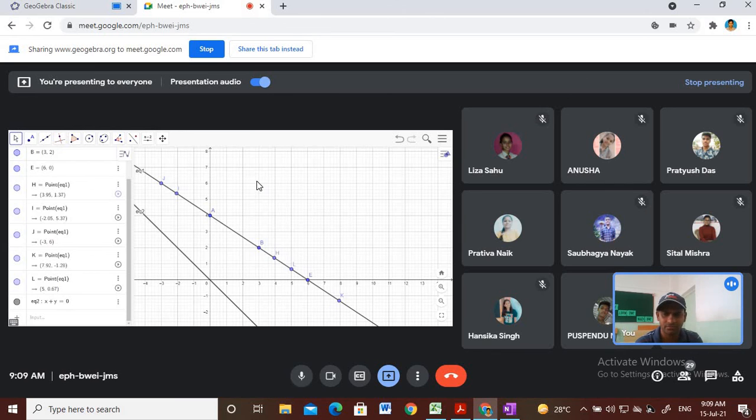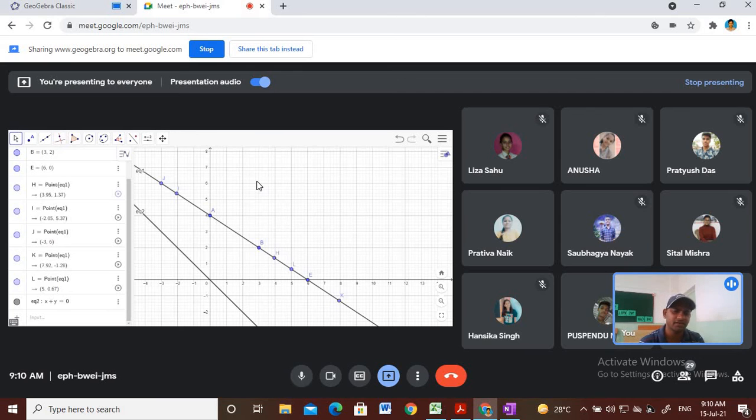For example, x plus y is equal to 4. When x is 1, y would be 3. X is 2, y is also 2. X is 3, y value is 1. X is 5, y value is minus 1. Like that, find solutions.